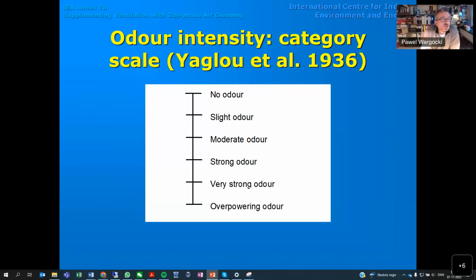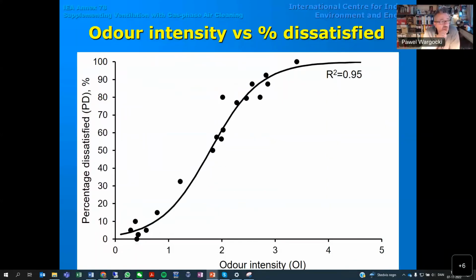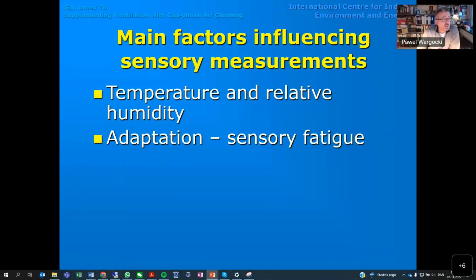Here we do not talk about hedonic character, it's just a perception of strength, like whether it's warm or cold if we compare to the thermal scale. So it is whether the strength of the odor is slight or moderate or very strong. And then, of course, acceptability tells you whether this odor is at an acceptable level. So it's a very important and useful complementary measurement. And from this, you can also determine a percentage of dissatisfied, because some conversion curves have been developed for that as well.